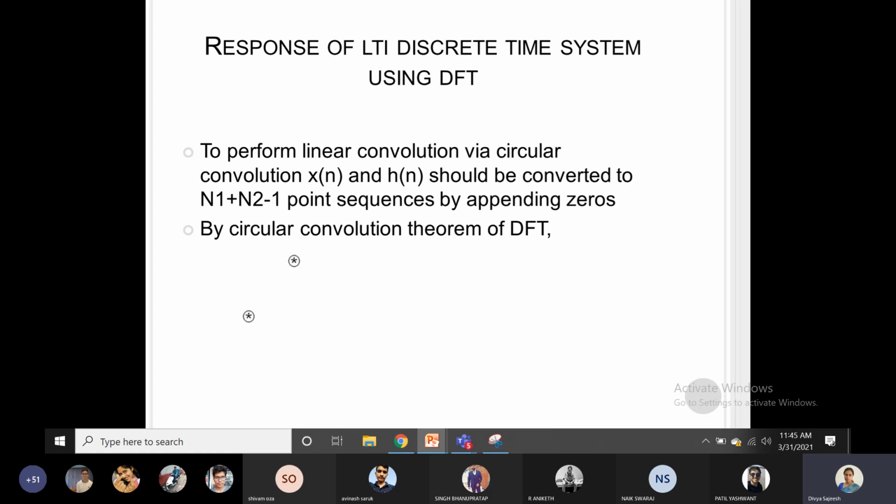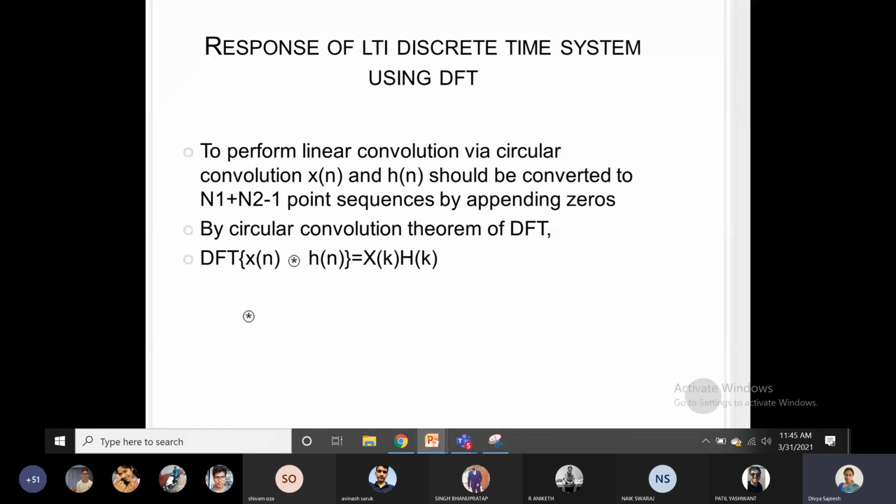By definition, the circular convolution theorem is one of the properties of DFT. By this property, it is defined as the DFT of x of n circularly convolved with h of n will be equal to X of k into H of k. In both linear convolution and circular convolution, convolution transforms into a product, isn't it?